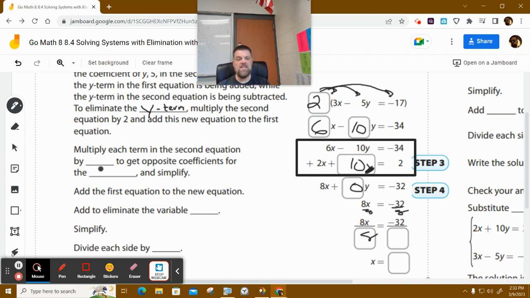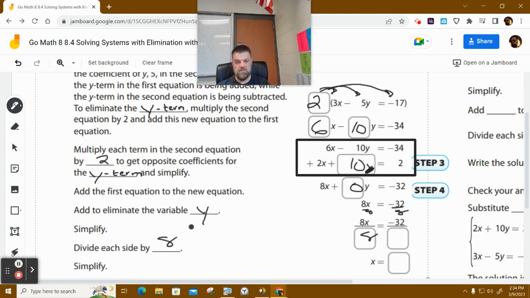So I'm going to multiply the second equation by 2 to eliminate the y terms and simplify. Add the first equation to the new equation to eliminate the variable y, then simplify, then divide both sides by 8.